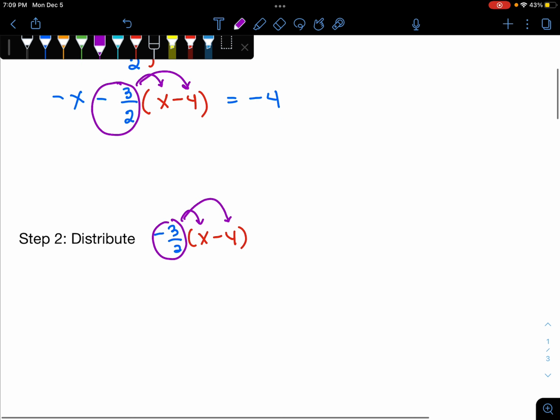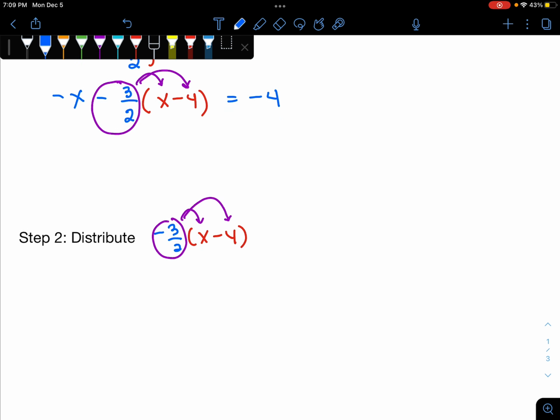So let's rewrite it with a distribution. So we have negative x, negative 3 over 2 times x is negative 3 times x over 2.